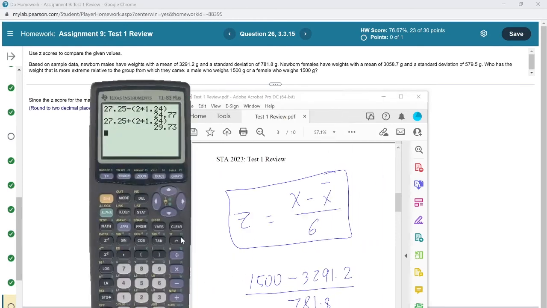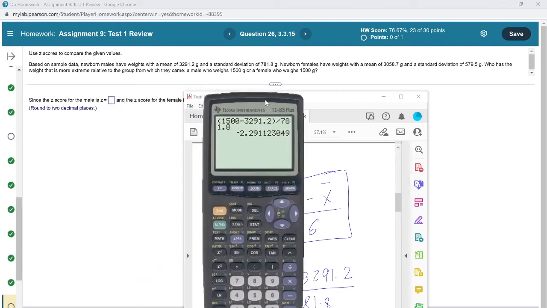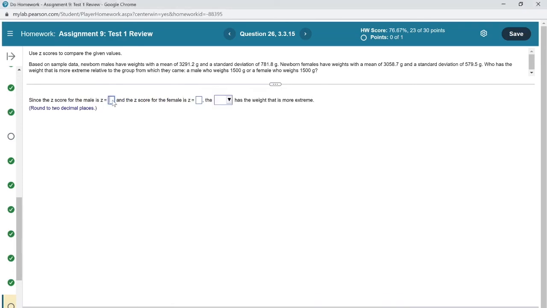I'm going to use parentheses, 1500 minus 3291.2, divided by 781.8. Enter. So the z-score is negative 2.29 for the male. Round it to 2 decimal places: negative 2.29.